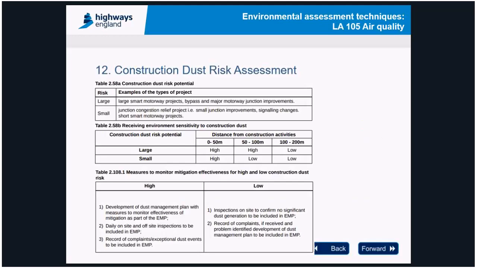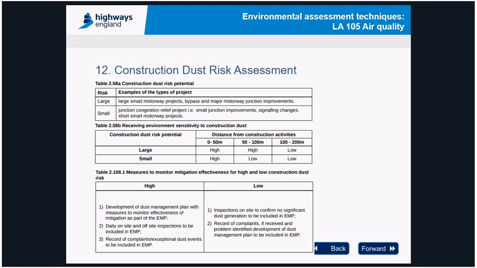Similar to coming to a judgment on scheme impacts, we talk about large scale schemes, with the ability both to potentially generate a lot more dust, but also to generate dust over a lot wider area just from the nature of the size of the scheme, therefore bringing into receiving environments a lot more properties, be that residential or designated habitats.